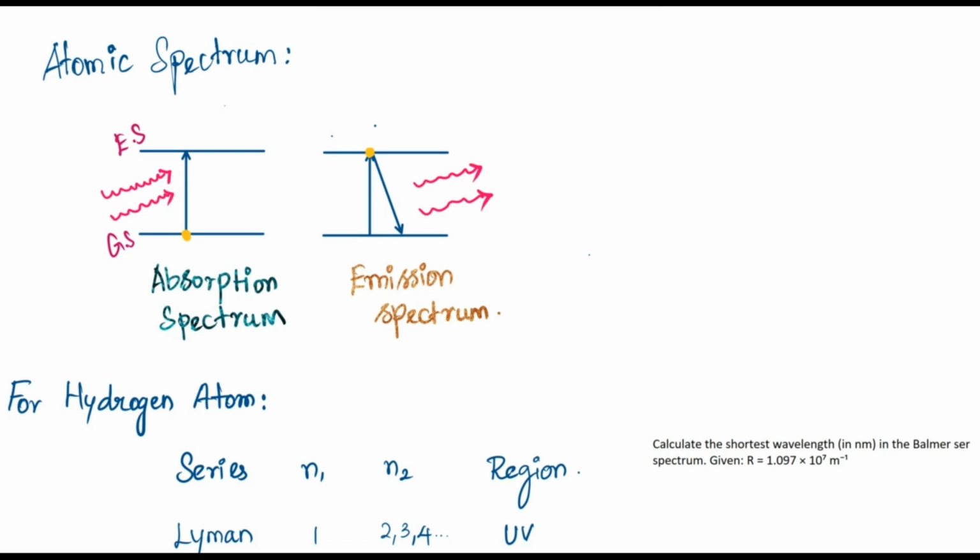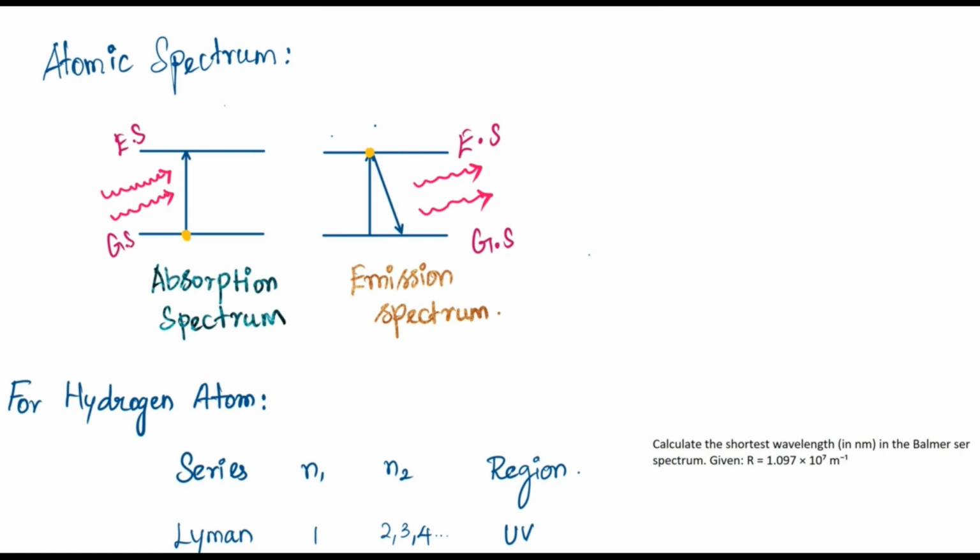Similarly, once it comes back from the excited state to the ground state or lower energy state, it releases that energy, right? Then only it can come back. So that wavelength is recorded, and that is called emission spectrum.